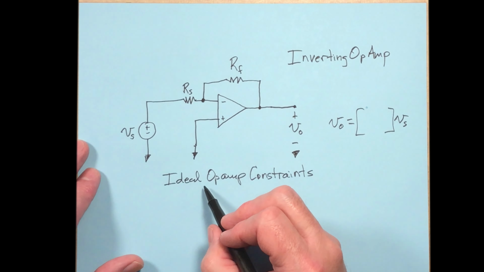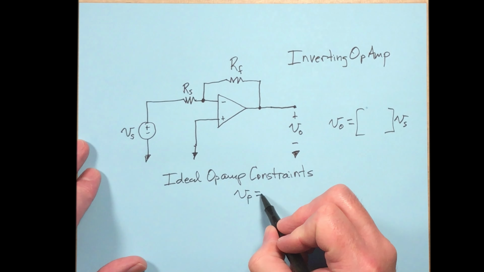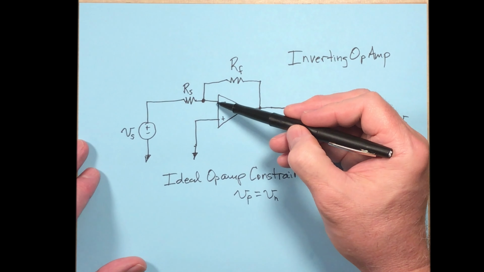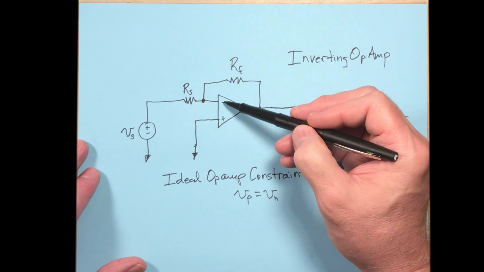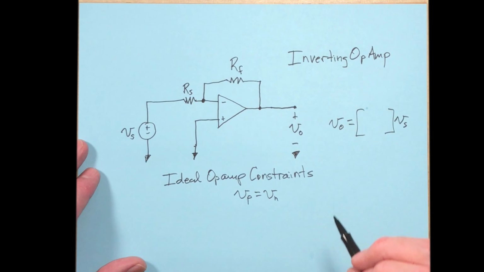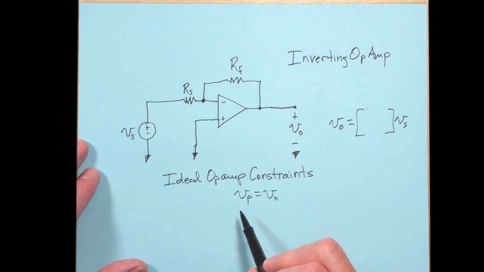Assume that Vp is equal to Vn. In other words, whatever the voltage going into the positive side, it's equal to the voltage on the negative side. Okay, just make that assumption. Now you might say, well, that makes no sense. Well, these are idealized cases, and we are assuming an open loop gain of infinity, and this sort of just falls out as a result of that.